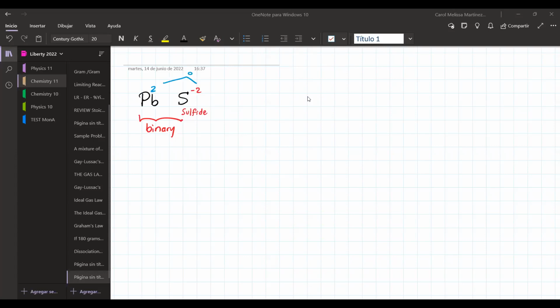It is electrically balanced, and this is what we're looking for. So whenever you see sulfur in a binary ionic compound, because lead is a cation, it's going to be a binary ionic compound. Whenever we have a binary ionic compound, sulfur is actually sulfide, and it's going to have a charge of -2.